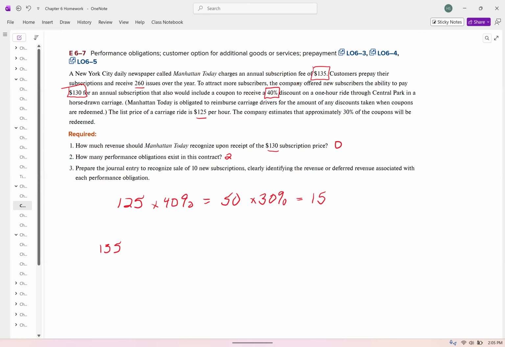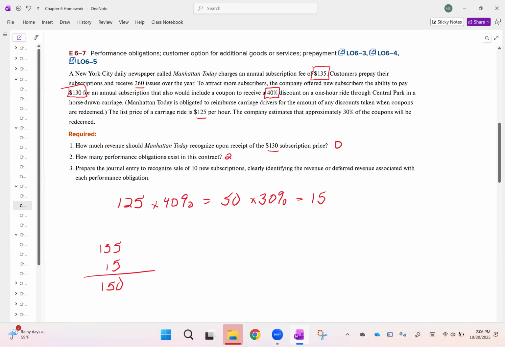Okay. So the standalone subscription price was 135. The standalone carriage ride was 15. Okay. So they're paying us $130, but we're giving them $150 worth of value. We can't record more revenue than we actually earned. So we've got to figure out what percentage goes to the subscription, what percentage goes to the carriage ride.